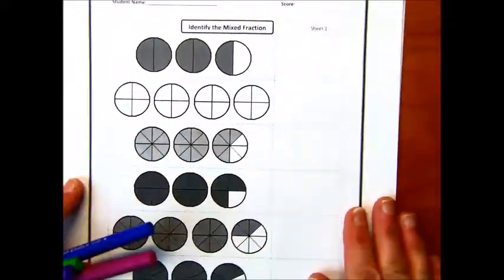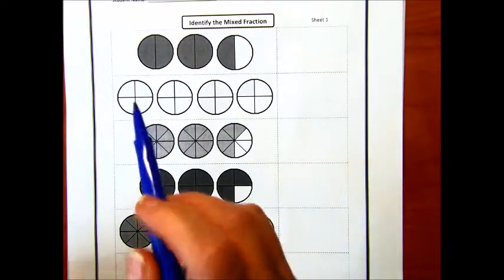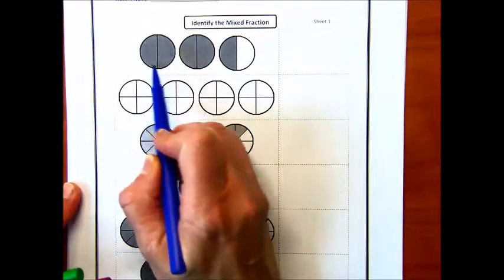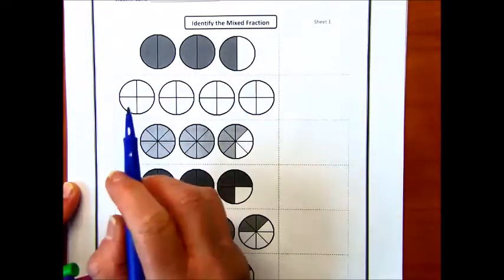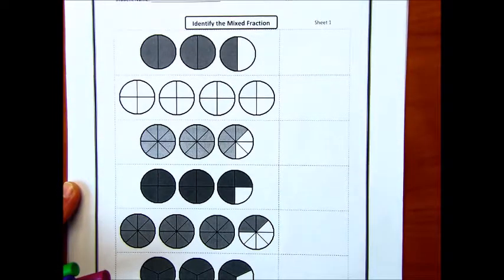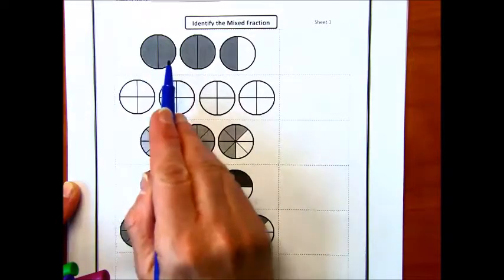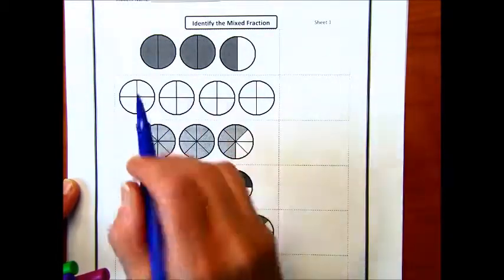In this worksheet, we're looking at the whole. So each circle represents a whole. So if we just look at this circle here, that's considered one whole. So here we've got 1, 2, 3 wholes. Now we're only identifying the parts that are shaded, and we're going to represent that in a mixed number.